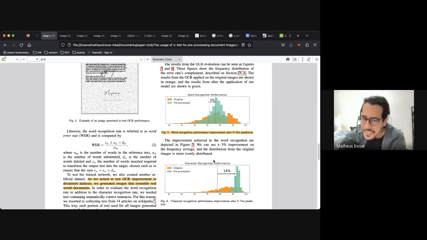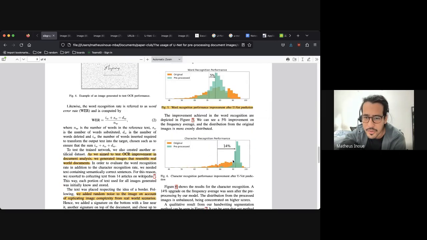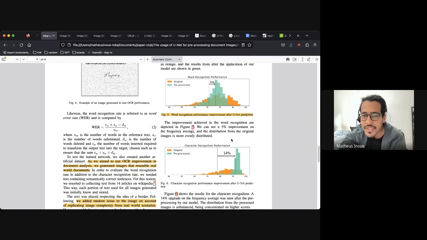But I think one interesting aspect is that you can see that, okay, in both cases the UNet improved results, but also you can see that in some documents the noisy image performed really well. So maybe it's a case of low noise or an image without any noise. You can see that you have the document before it performed really well, but then it got worse, right? Because here are the same documents.